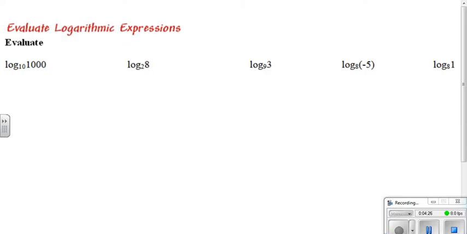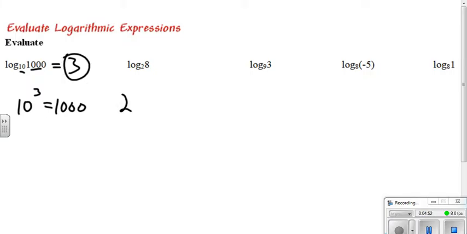So, evaluate some logarithms. These are basically just asking us to say what that answer is going to be, or what power of our base gives us our answer. So what power of 10 is 1,000? Well, we'd have to do 10 to the 3rd power equals 1,000, so this equals 3.